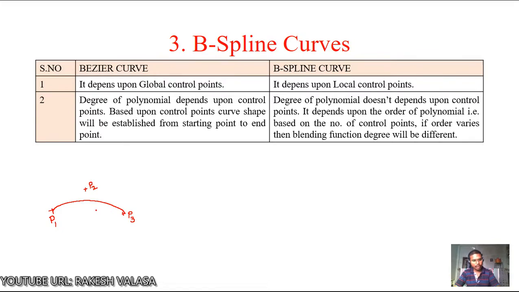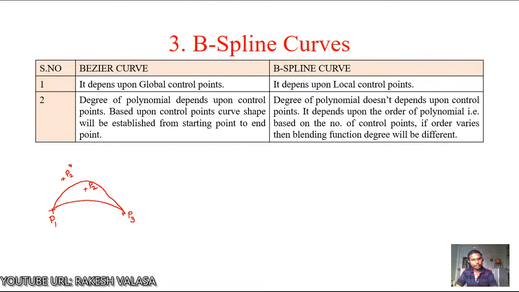Now I am changing control point P2 from here to here. This is P2 star, that means this is the new control point. The resulting curve will be established like this. In the Bezier curve, if you change any point, the complete shape will be changed.